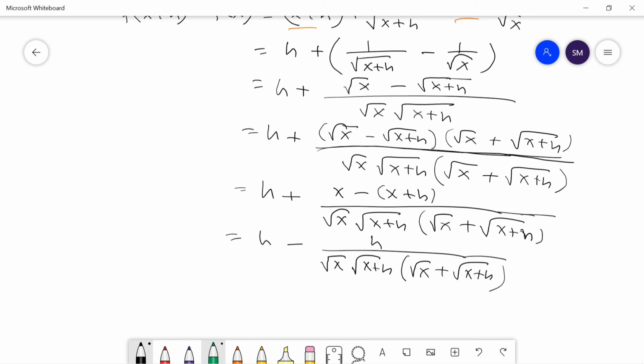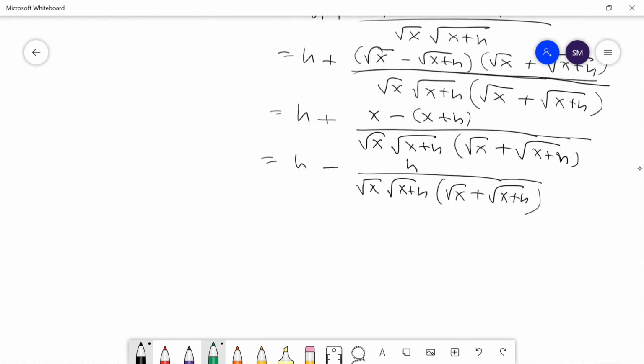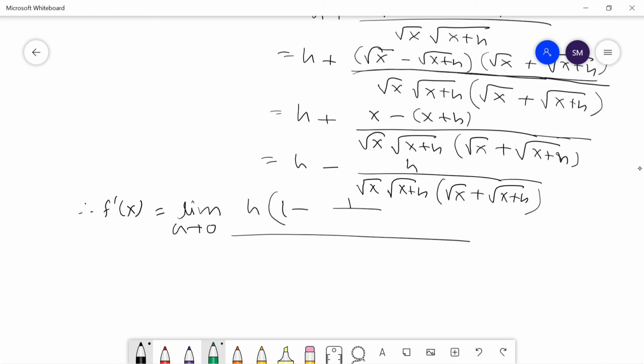so therefore f dash x is equal to limit h tends to 0 of h times 1 minus 1 over square root of x plus h and square root of x plus square root of x plus h, over h.